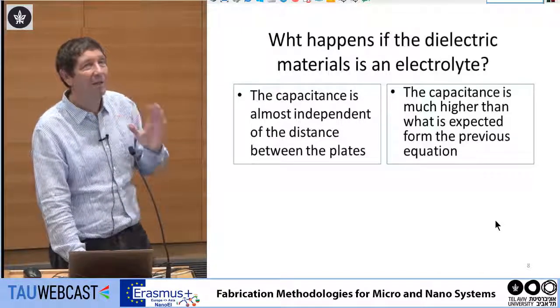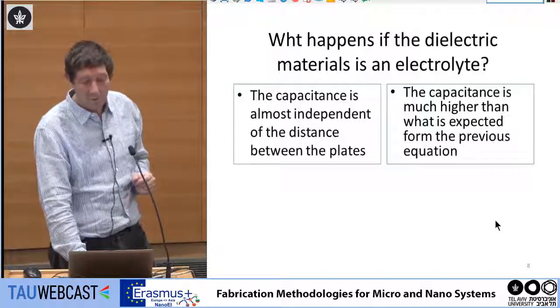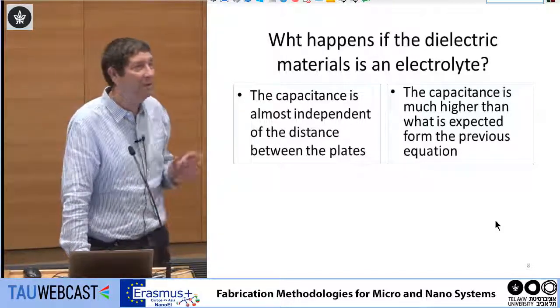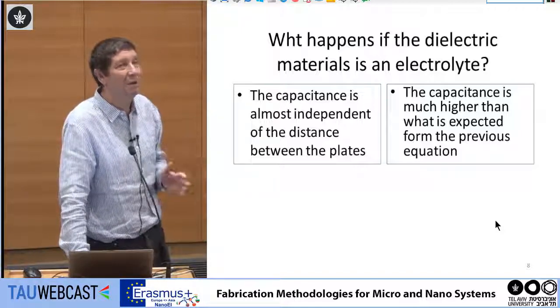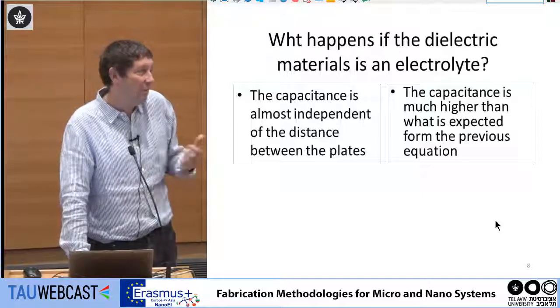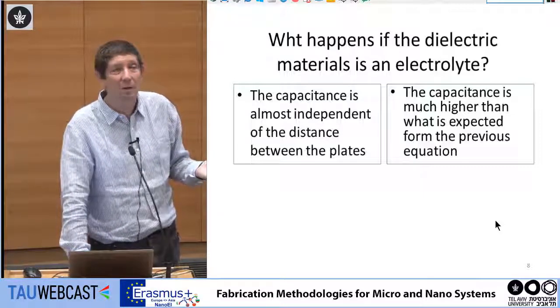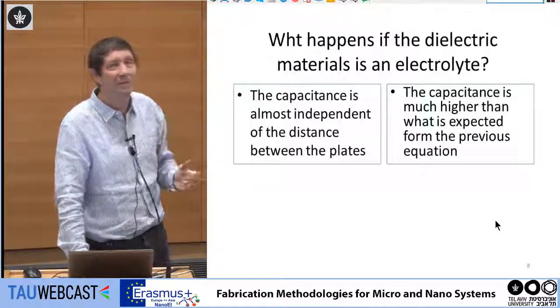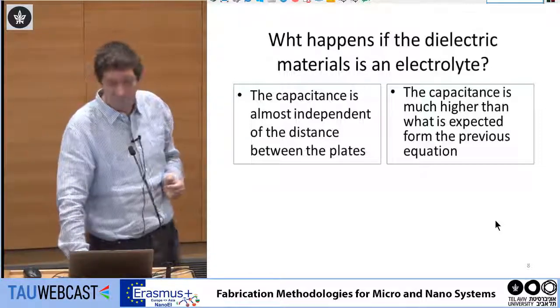I cannot apply the previous equation if I put electrolyte between the electrodes. The previous equations are good only if there is air between them, or gas, or an insulator. But if I put electrolyte, which is water, it does not conduct current, but nevertheless, if you put water inside, capacitance will increase dramatically. Why?